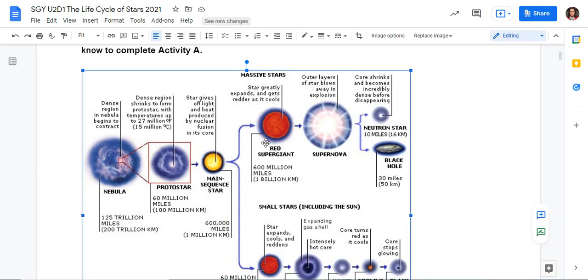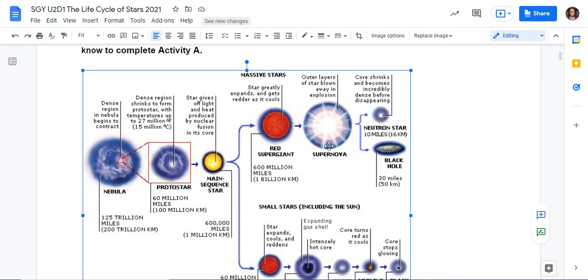Once that collapses back down, it goes supernova. The outer layers of the star are blown away in a gigantic explosion, and this is where those higher elements in the periodic table are created. Supernova explosions are the only place that they can be created.